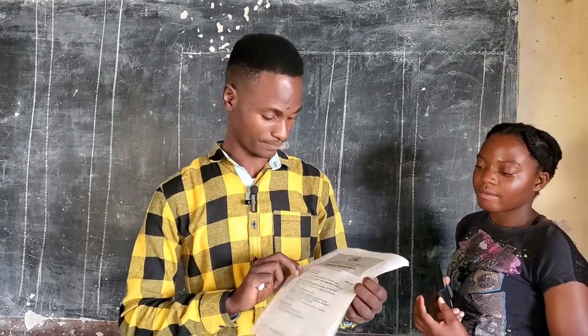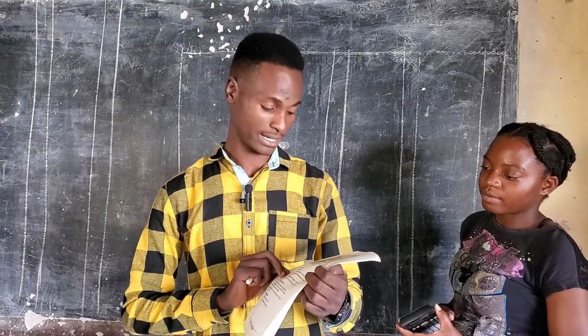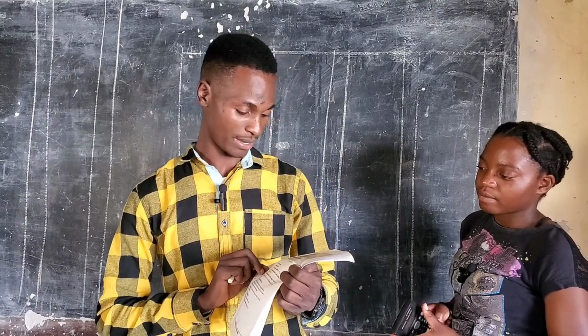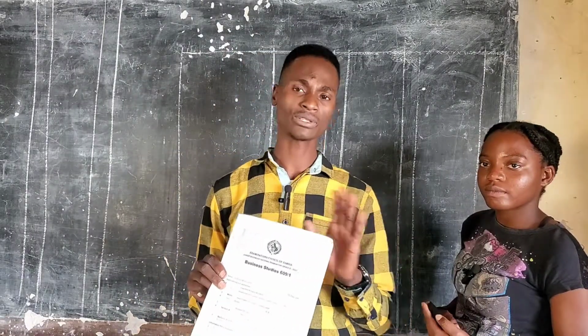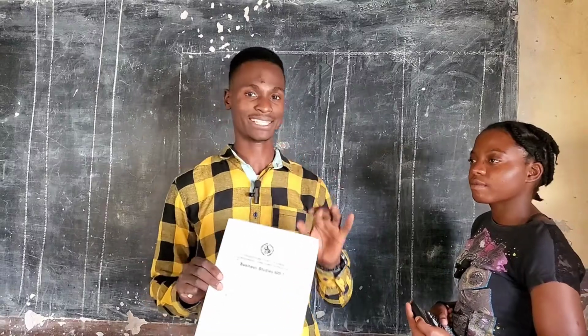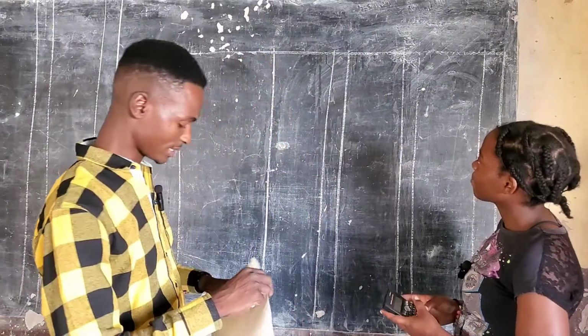This is the paper we're going to use to answer the questions. This is the 2022 grade 9 examination paper, business studies under external candidates. So without wasting much of the time, let's jump right in and solve the question.